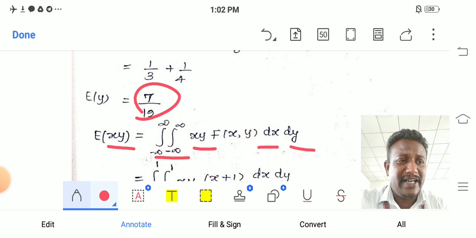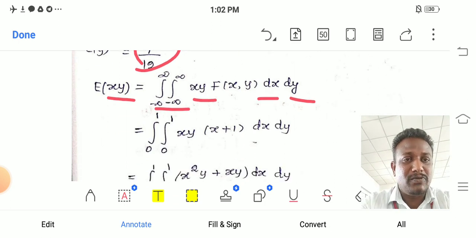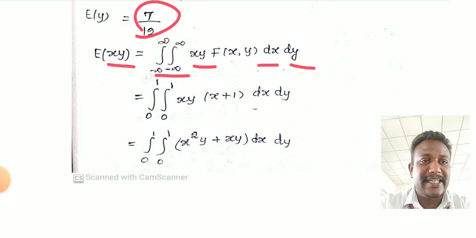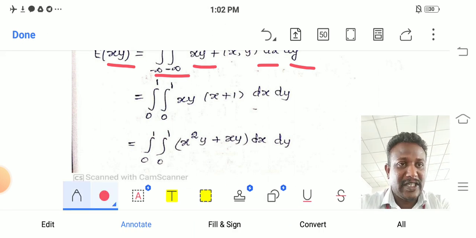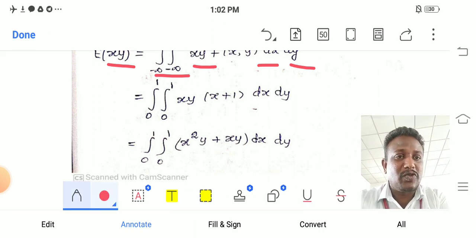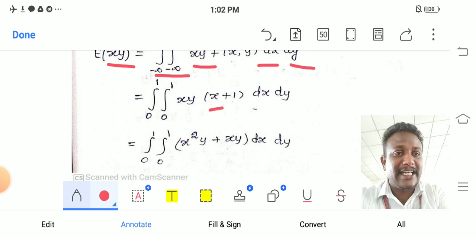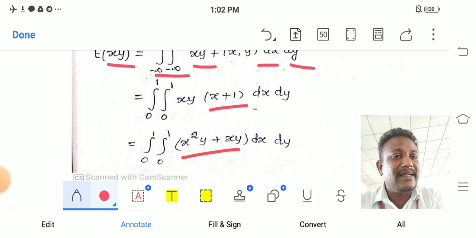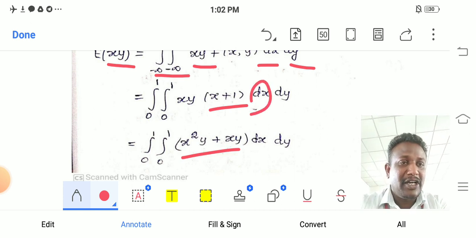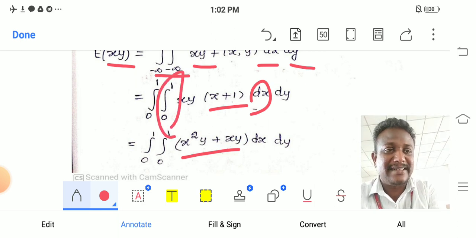In this part we are going to use the double integration concept, because we have both variables. To get the answer for both variables we have to use double integration. Just substitute what f of x comma y is, it is x plus 1. Then take multiplication, you will get x square y plus xy. Then dx is your inner integration. You have to write the inner integration limit first, that is the x limit.